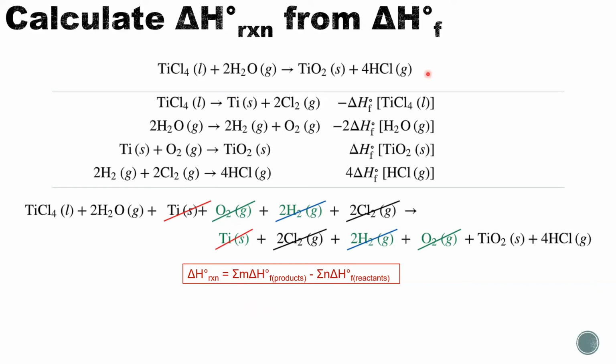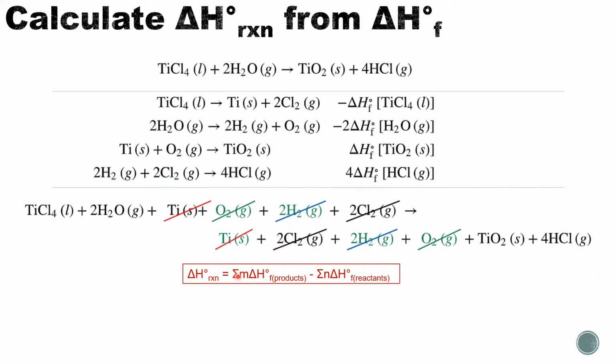So in this case, the standard enthalpy of reaction of the target equation equals the standard heat of formation of the first product times 1 as its coefficient, plus 4 times the standard heat of formation of its second product, minus the reactants: minus the standard heat of formation of the first reactant times 1 as a coefficient, and also minus the standard heat of formation of the second reactant times 2 as a coefficient.